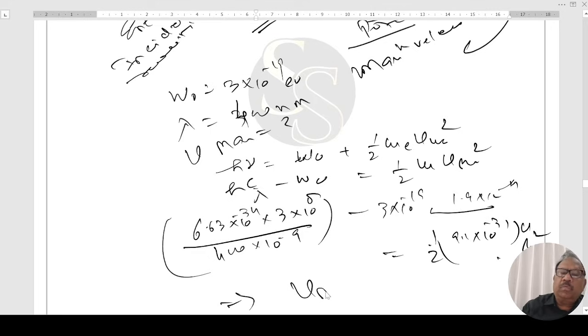Solve them. V maximum comes out to be 6.63 into 10 to the power 5 meter per second.